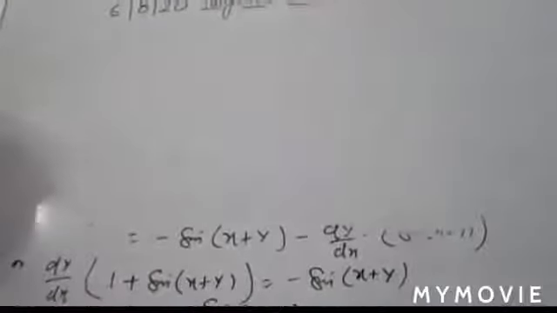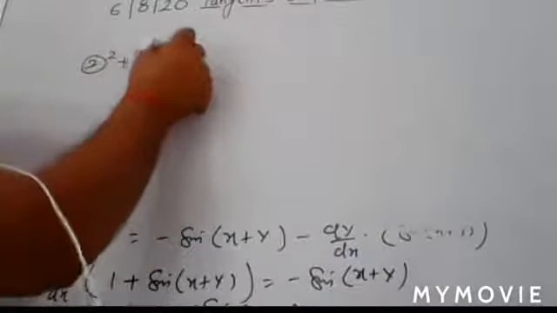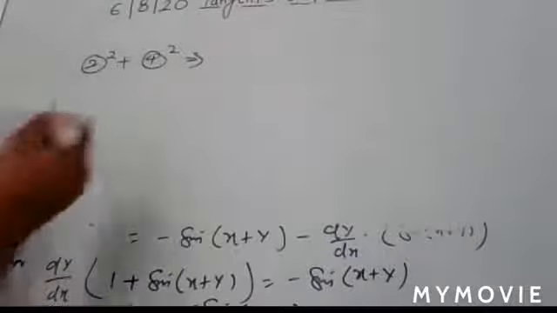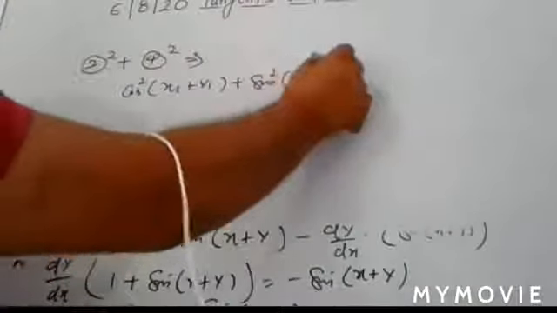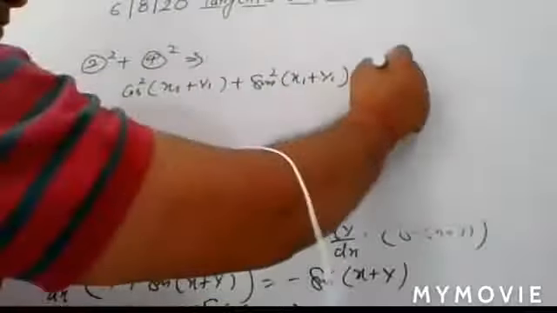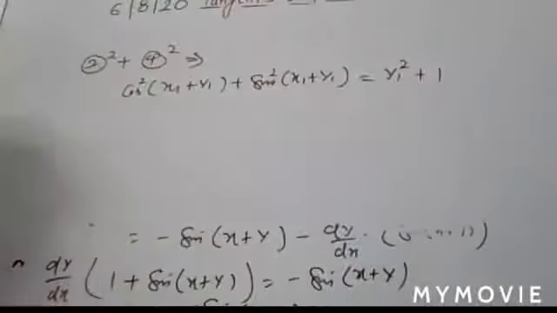Okay, so squaring and adding third and fourth, we get here cos square (x1 plus y1) plus sine square (x1 plus y1) is equal to y1 square plus 1.